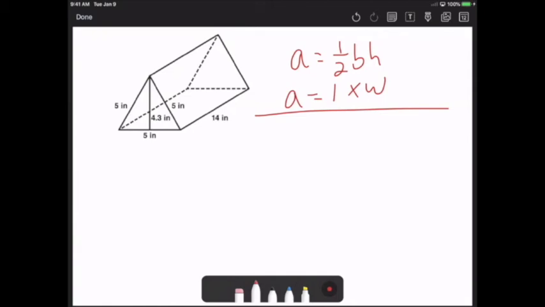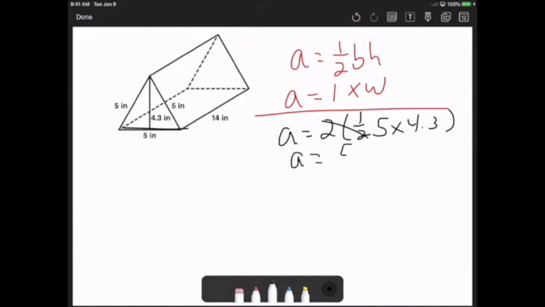Okay, so for the triangles, area equals, there's 2 of them, times 1/2, the base is 5, times 4.3. You're going to see that those simplify right there. So it's 5 times 4.3. To get a step ahead, you really are just multiplying base times height.